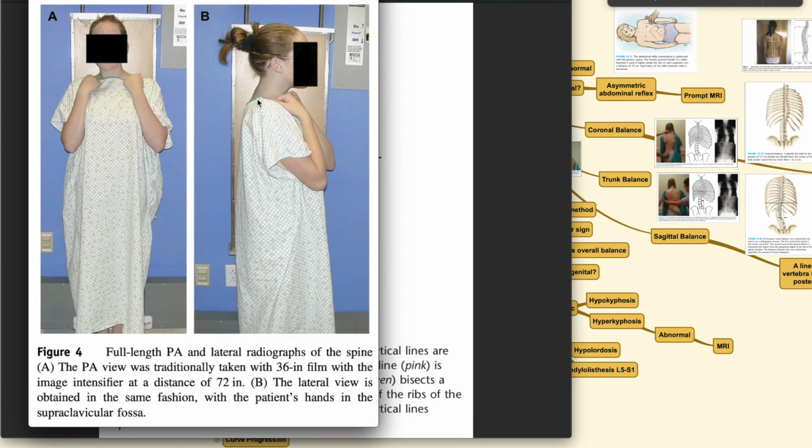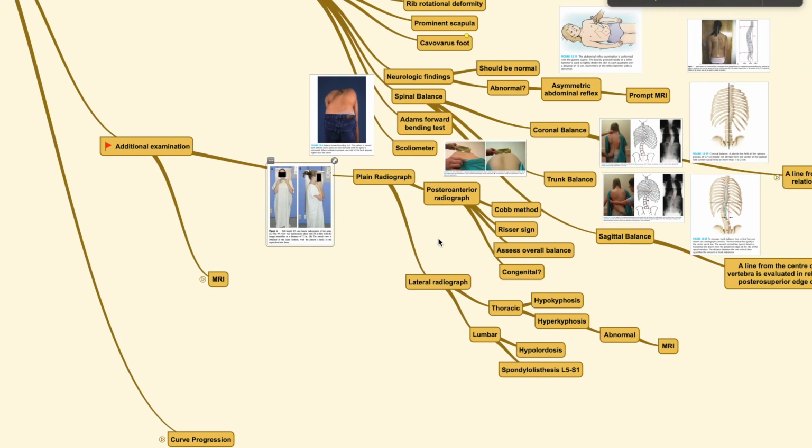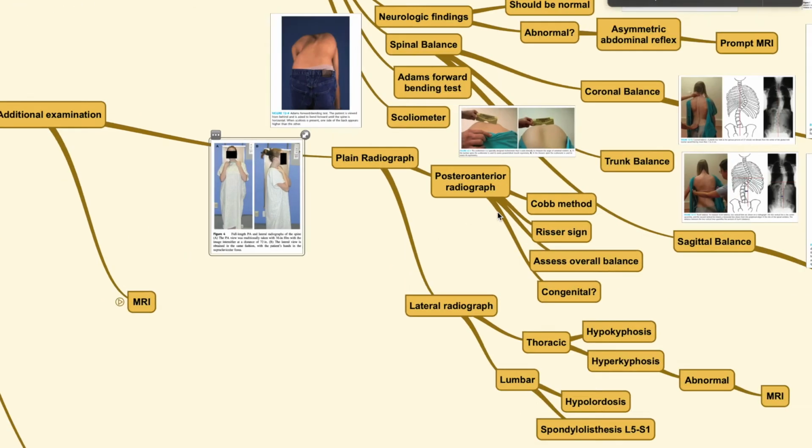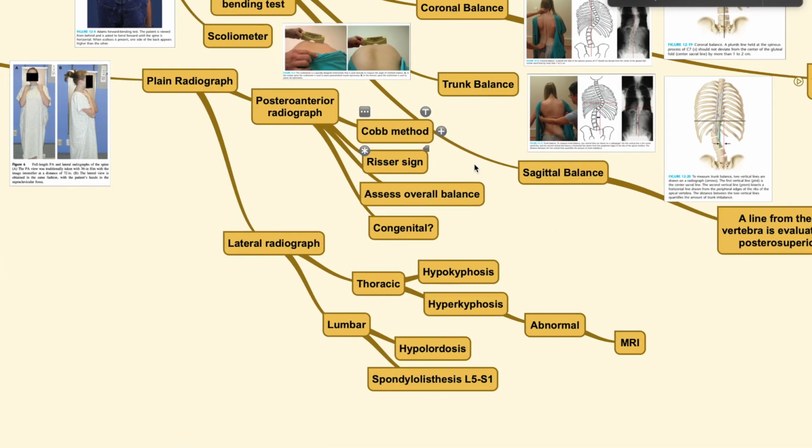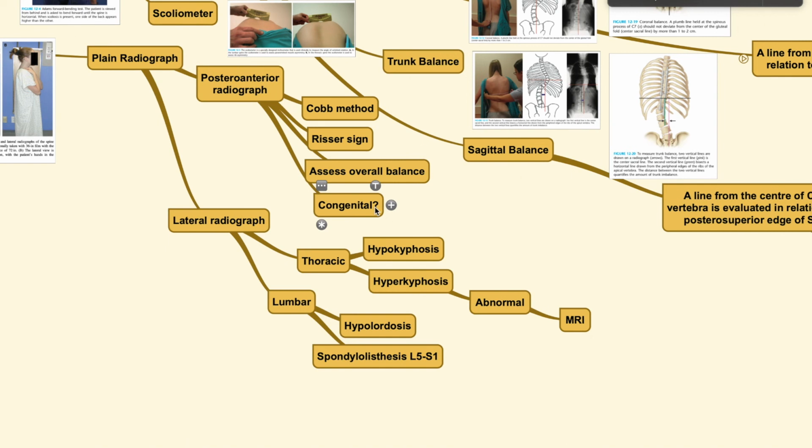Next, you could do another radiographic evaluation of these radiographs using the Cobb method to measure the angle of the spine, and you could also determine the Risser sign from the pelvic radiograph. You could also assess for the overall balance and any congenital abnormality that may be found.